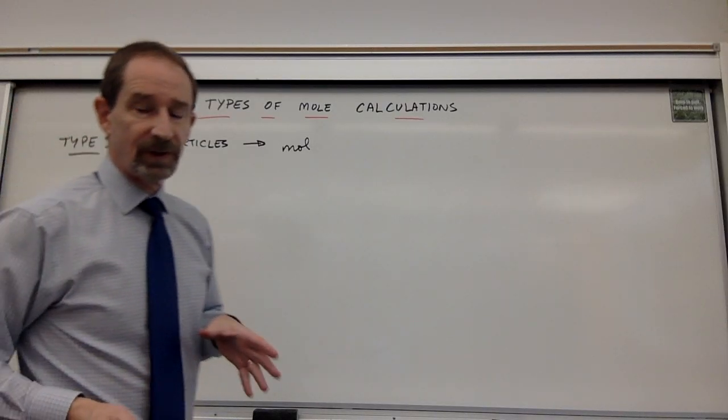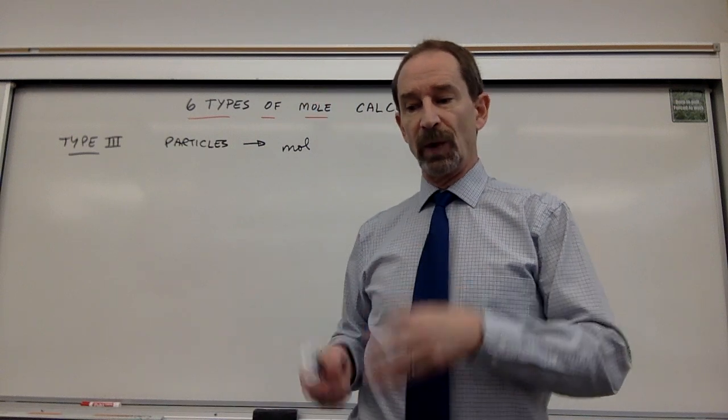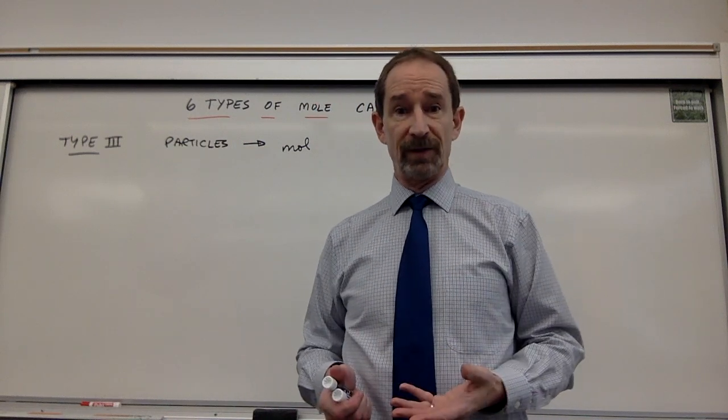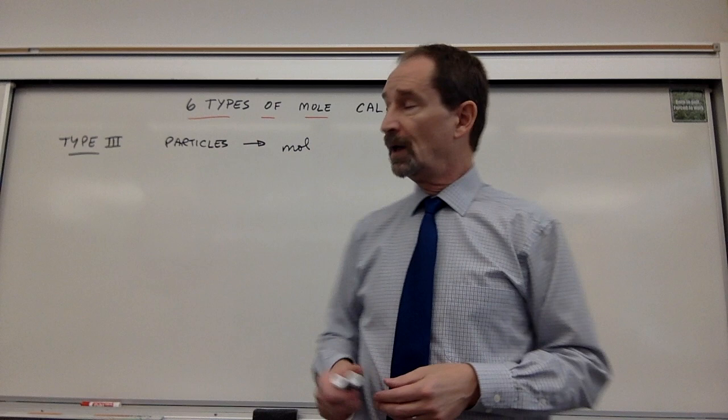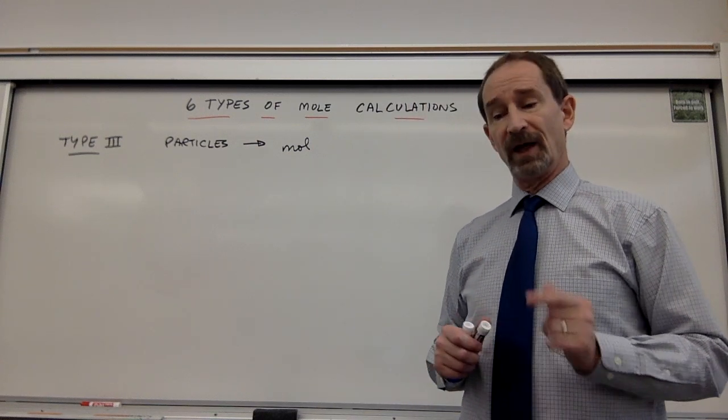Now, I hope you noticed that in both type 1 and type 2, all we used was the weights off the table, the atomic mass units, grams per mole. In type 3 and 4, we're now going to talk about particles and use Avogadro's number.